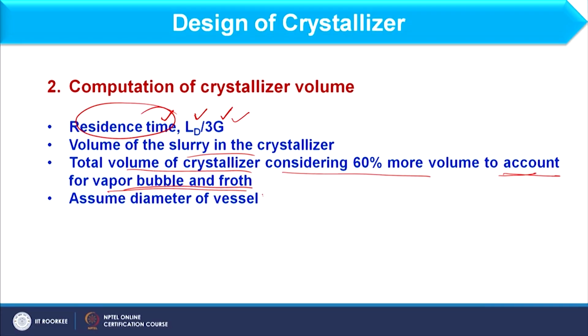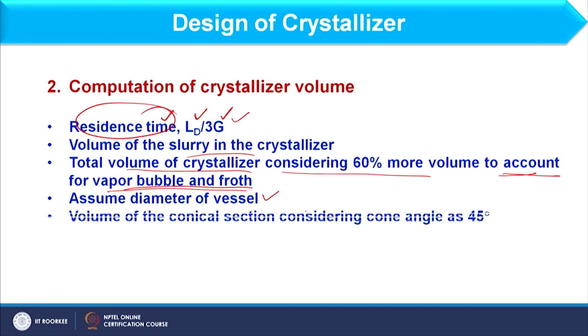So, next we have to assume the diameter of the vessel, and then the volume of the conical section considering cone angle as 45 degree. Here you should consider that crystallizers are basically cylindrical in shape, but a tapered section is provided at the bottom, and that tapered section ensures the smooth removal of the crystals which are formed, right.